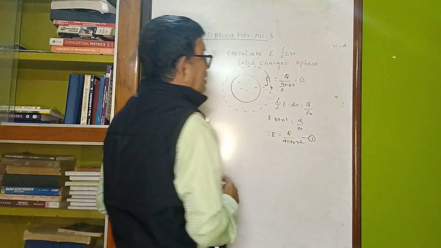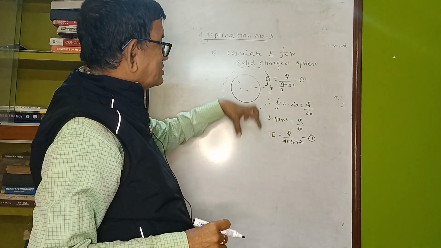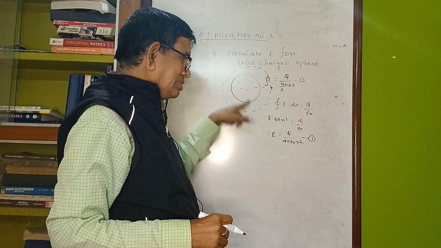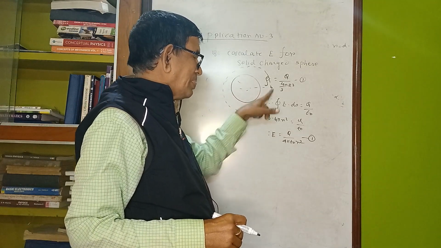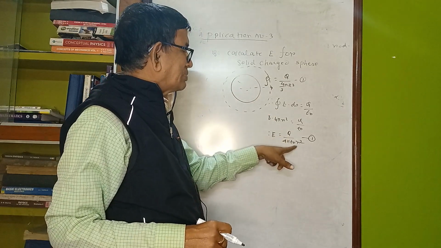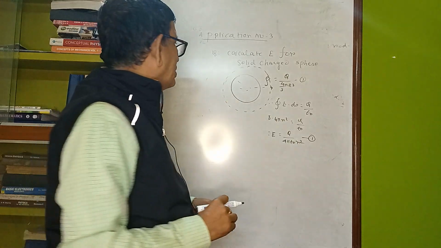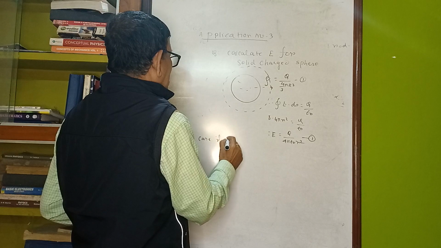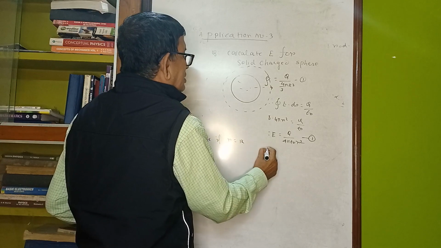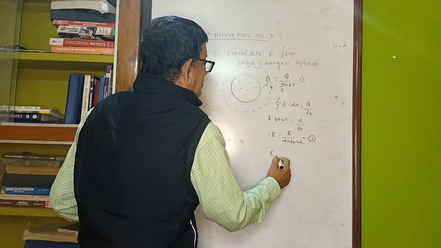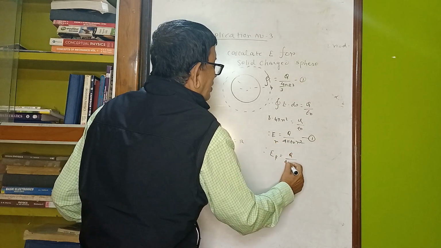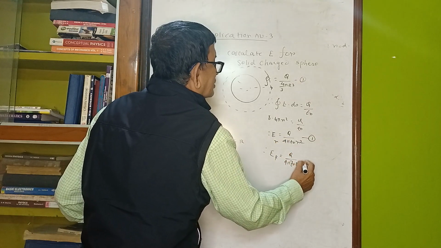This is equation number 1. In that case also it is considered that the whole charge is at the center. As a result, we are getting the electric field at the point P equal to Q by 4 pi epsilon naught r square. No problem. Case 2: now if r equal to capital R, then you are getting E at the surface, Q by 4 pi epsilon naught R square. No problem.